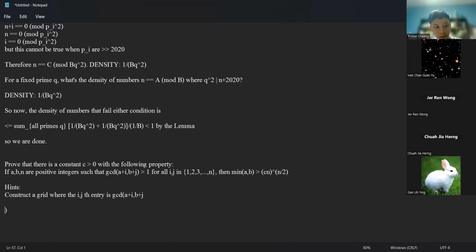And then use density to prove that there are at least n squared over 2 cells that contain prime factors greater than n.